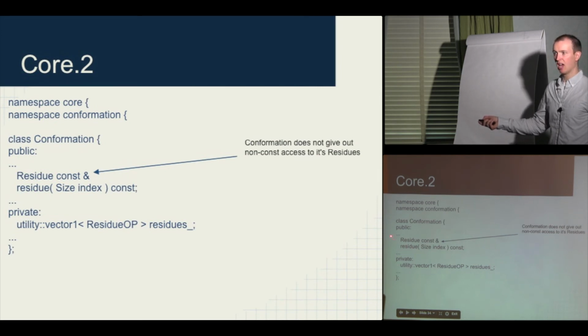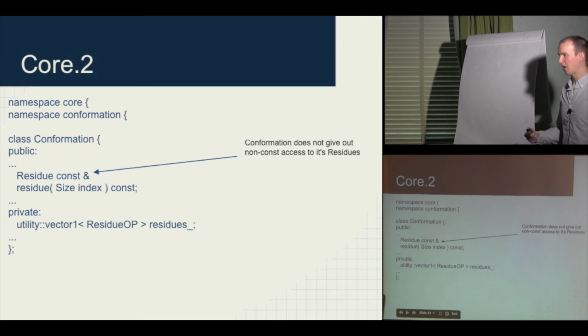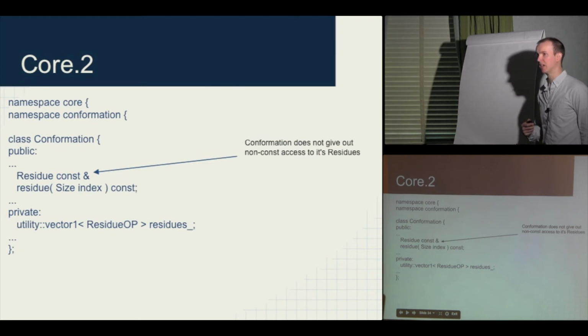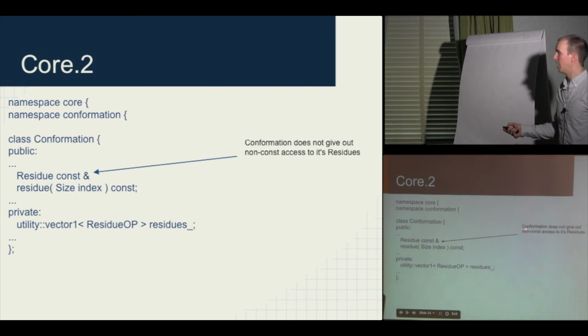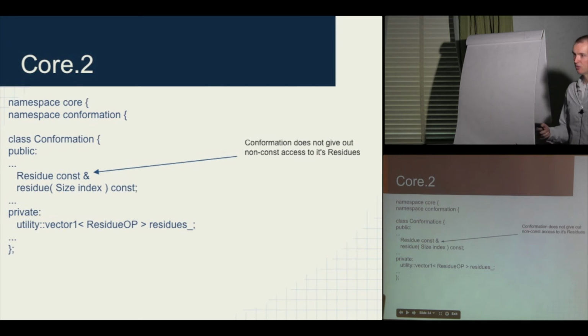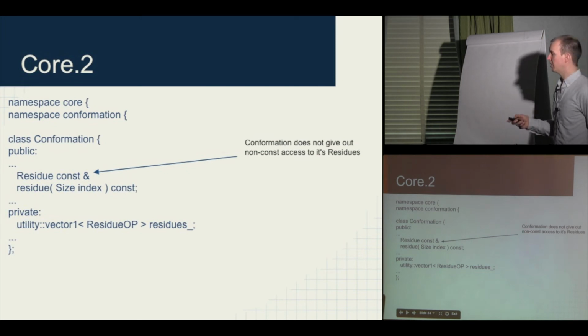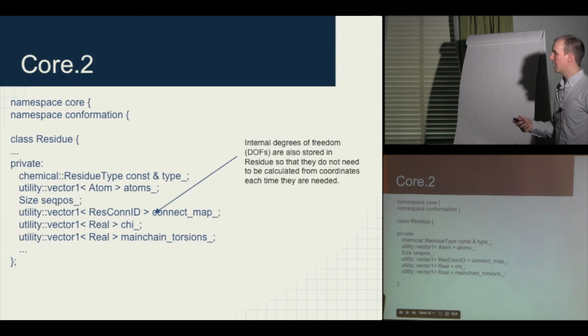So if you wanted residue 10, you would say residue and then in parentheses 10, right? And it gives you, and this is a const function, it gives you a const reference to residue. And what's kind of crucial about the way that conformation handles its data is that it does not give out non-const access to any of its residues. This is so that it can maintain, that's the wrong direction.